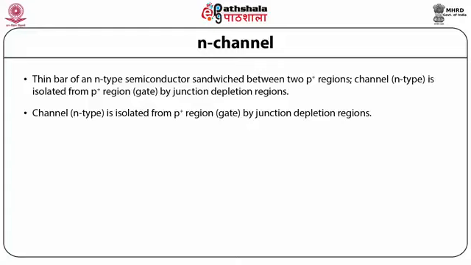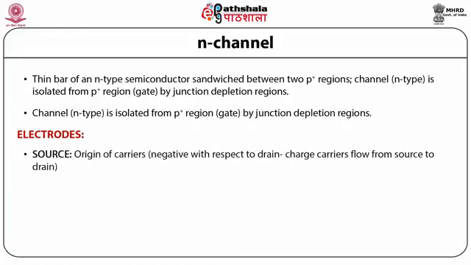So students, here we have three kinds of electrodes. The first is the source, where the carriers originate, and it is negative with respect to the drain; charge carriers flow from source to drain.